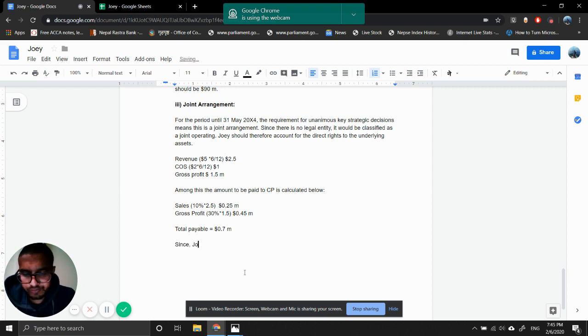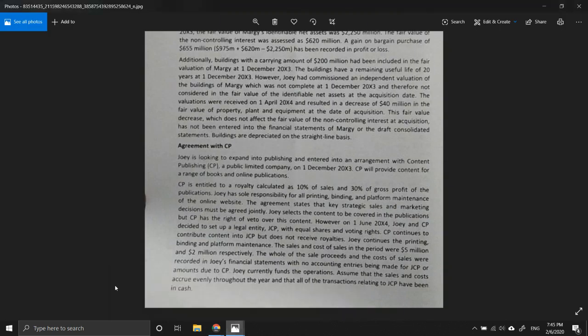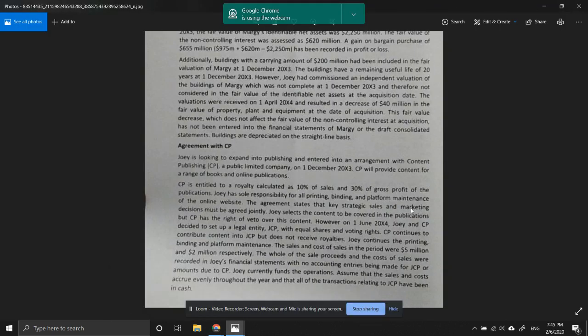Since Zoe has, does it say it has not recorded? I guess it says that, right? Covered in the question, no accounting entries.